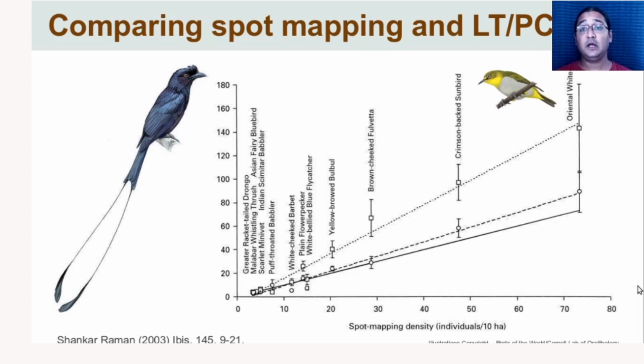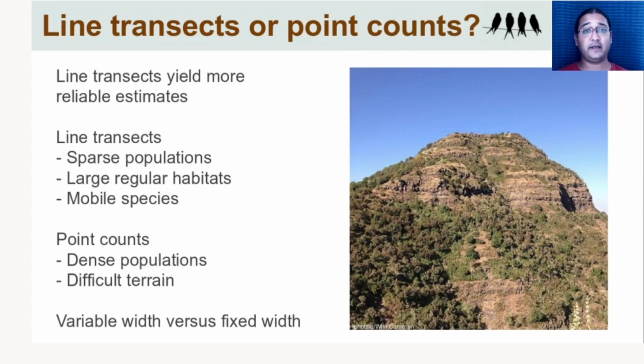So, for example, from spot mapping, the density estimates of oriental white-eye here are about 75 individuals per 10 hectares, but the point counts are giving you almost double, about 140 birds per 10 hectares. So very often, point counts overestimate the number of birds in the habitat, and one must be careful in using these different methods, not violating any of the assumptions of point counts or line transect sampling.